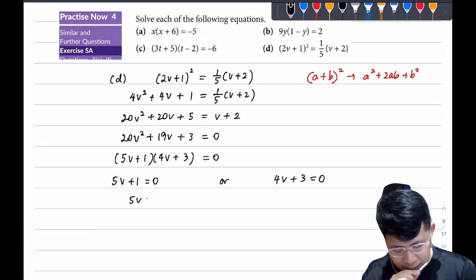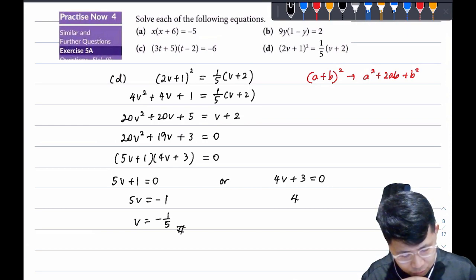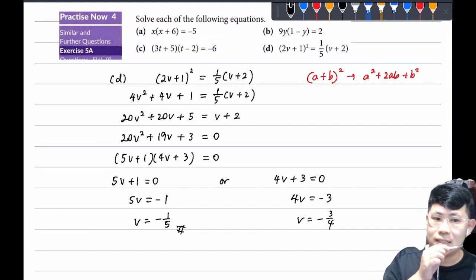So 5v equals -1, then you divide by 5, it will be -1 over 5. That's the first answer. Second answer, 4v equals -3, so v will be equal to -3 over 4 as our final answer.